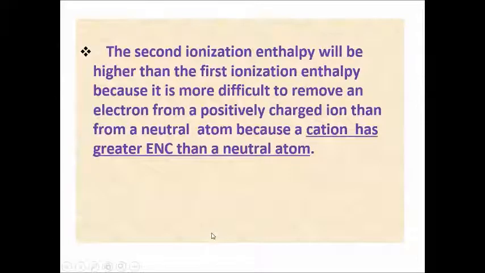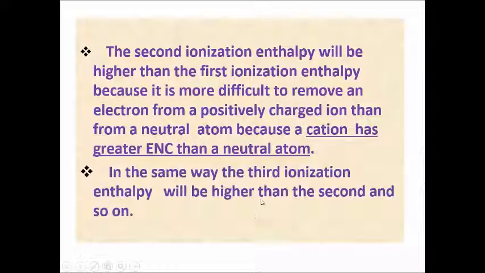The second ionization enthalpy will be higher than the first ionization enthalpy. And how do we prove this statement? It's more difficult to remove an electron from a positively charged ion than from a neutral atom. The reason given is that the cation has greater effective nuclear charge than the neutral atom, and that's why it's very difficult to remove the electron from a cation.